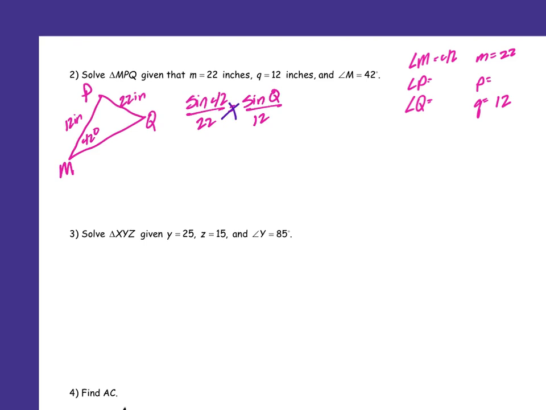So cross multiply, and I get 22 sine of Q equals 12 sine of 42. Divide by 22. So I get sine of Q is going to equal 12 sine of 42 divided by 22.